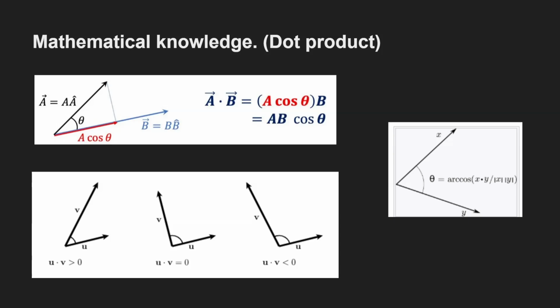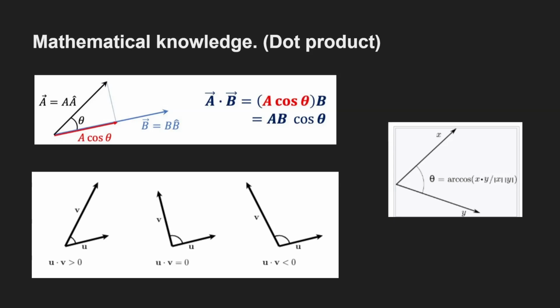In this video, we need some mathematical knowledge. This is the dot product. A vector has magnitude and direction, so a vector is magnitude multiplied by direction.